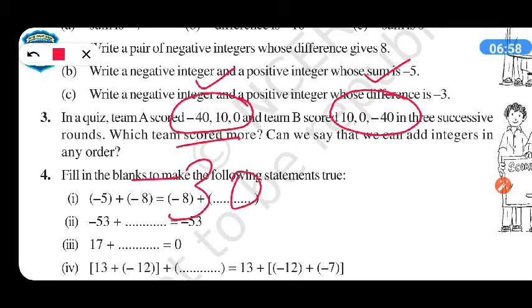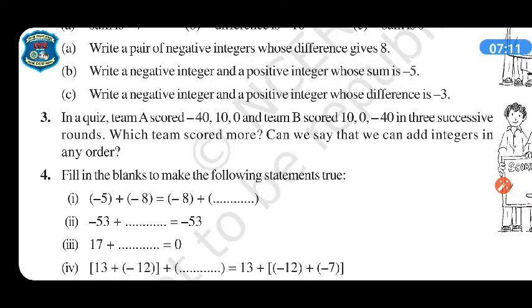Right? And here what is the sum? 10, 0 and minus 40. If you add, what will you get? Minus 30, right? Now the question is, which team scored more? So the answer is both teams have scored equal. Understood? Now second part, can we say that we can add integers in any order?